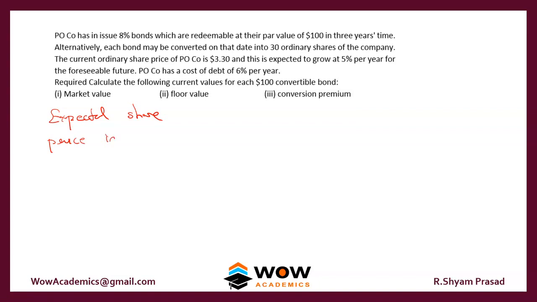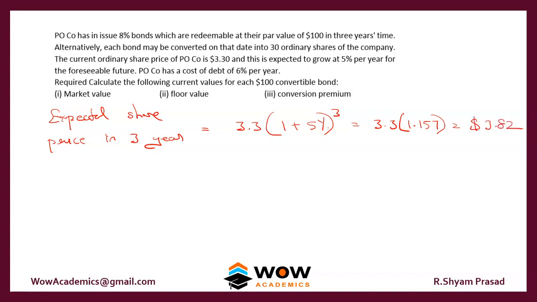The expected share price in 3 years: each share price is 3.3 into 1 plus, it's going to grow at 5% per year for 3 years. This formula is nothing but the compounding formula. So it comes to 3.3 into 1.157. Each share is worth 3.82. So this is the per share value.